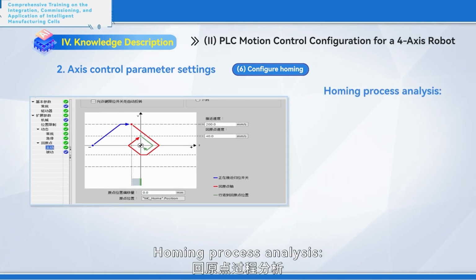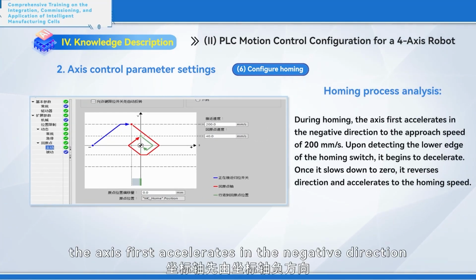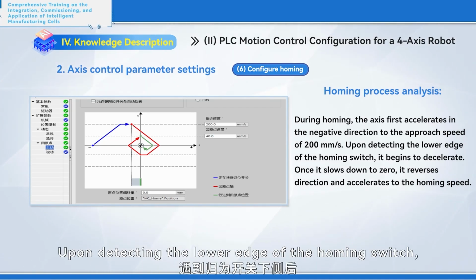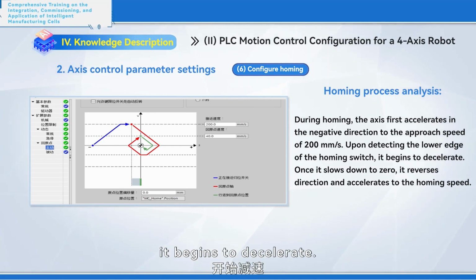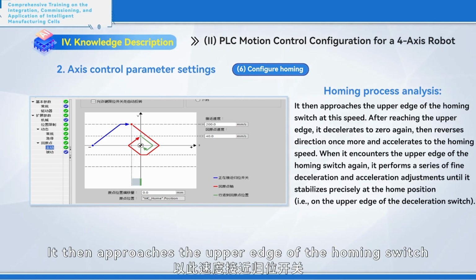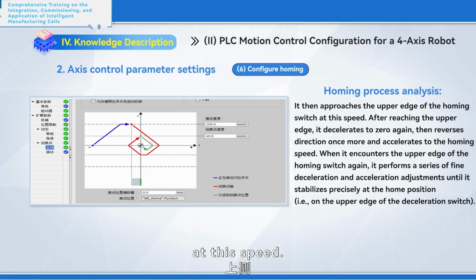Homing process analysis. During homing, the axis first accelerates in the negative direction to the approach speed of 200 mm per second. Upon detecting the lower edge of the homing switch, it begins to decelerate. Once it slows down to 0, it reverses direction and accelerates to the homing speed. It then approaches the upper edge of the homing switch at this speed.